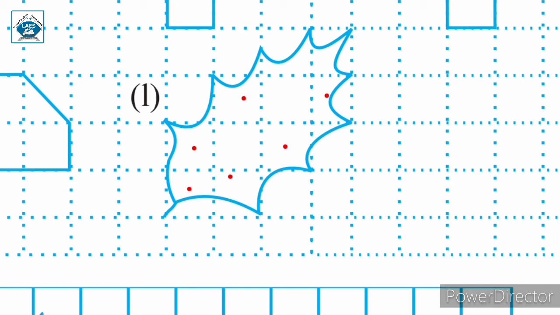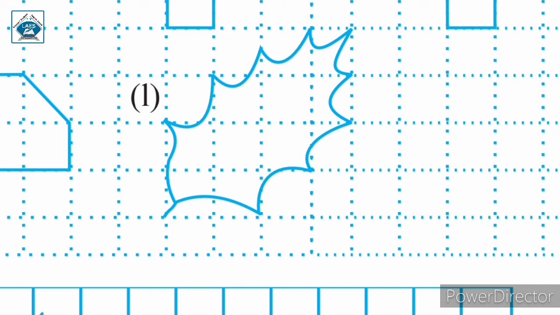So the given figure occupies 2 complete squares and 6 more than half squares. We are also left with 2 less than half squares. Here we have less than half and here also we have less than half. So we are going to ignore it.